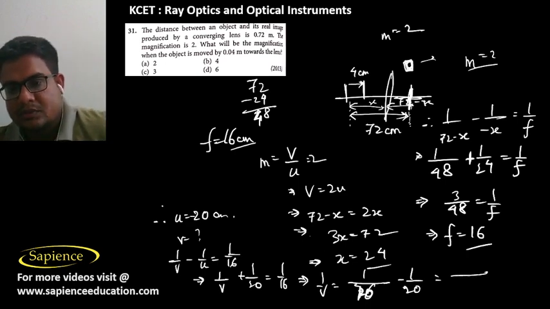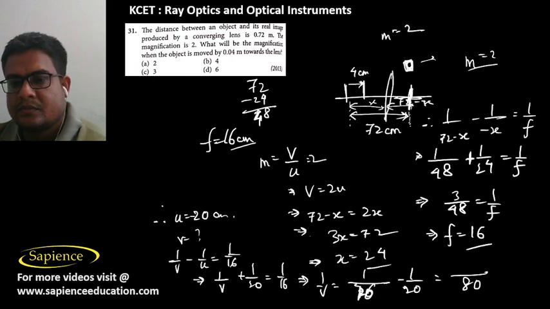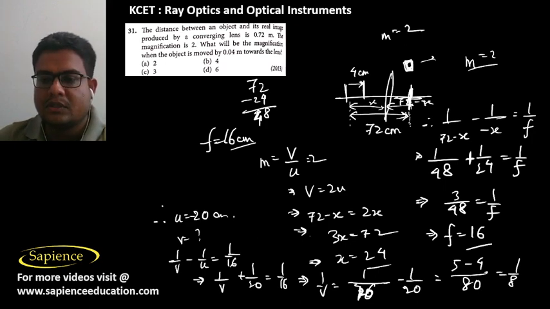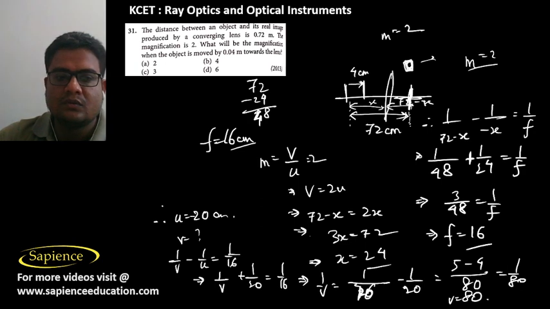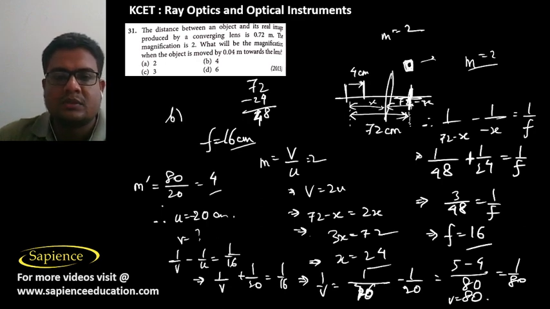So the LCM is 80. So 16 5 is 80 minus 24 is 80. So this is 1 by 80. So v is equal to 80, and therefore the new value of the magnification m dash, that is new value of v by value of v, that is 4. So option B is the correct answer.